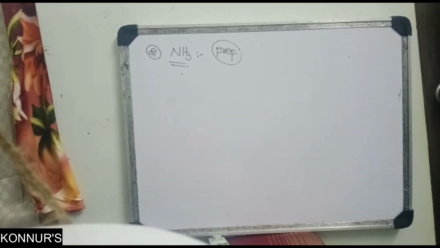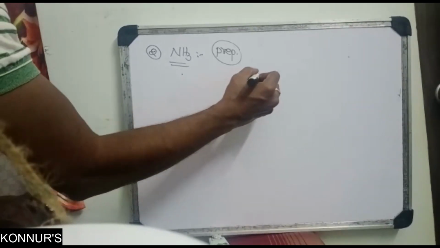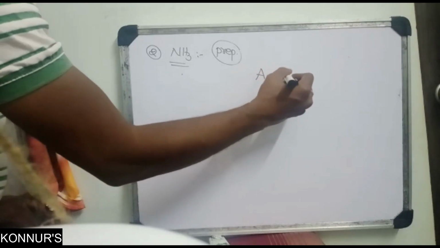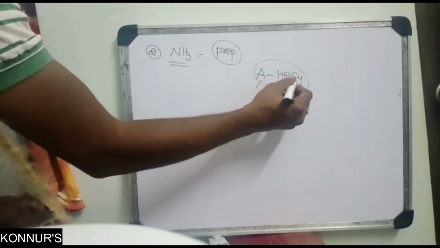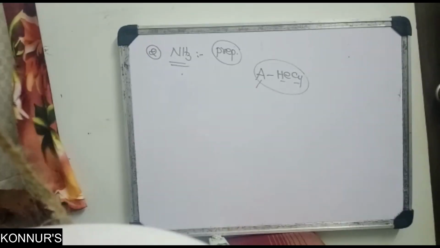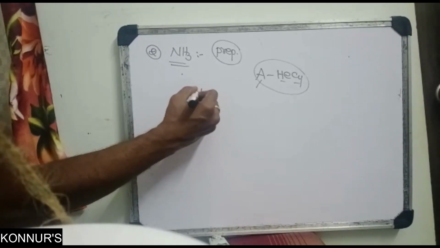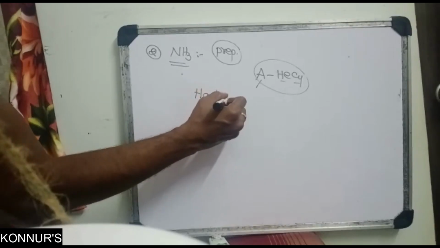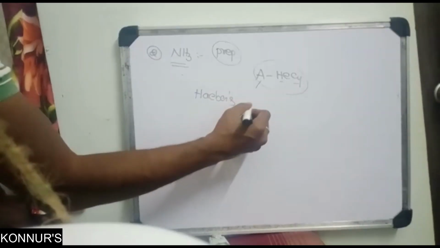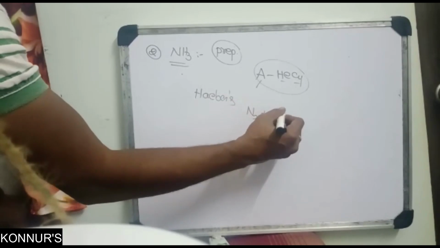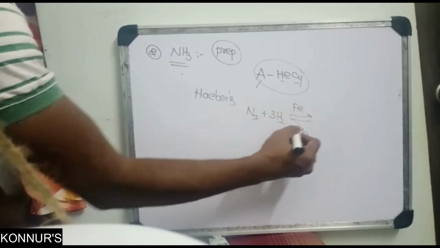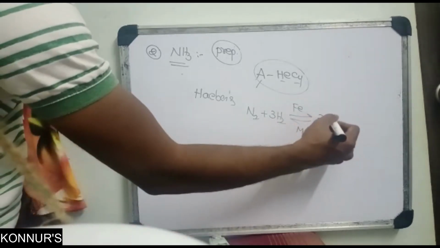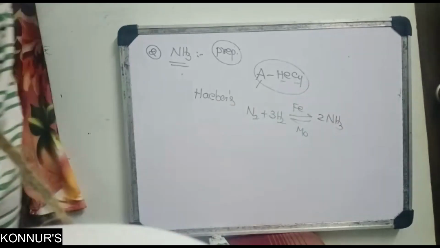So mainly, ammonia is prepared in what way? Ammonia, Haber process, cyanamide process. Haber's we already saw. Haber's process means N2 plus 3H2 in equilibrium. Iron is the catalyst, molybdenum is the promoter. You are getting 2 moles of ammonia.